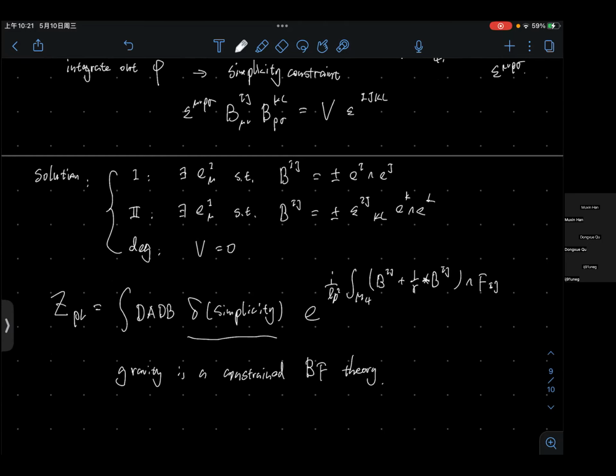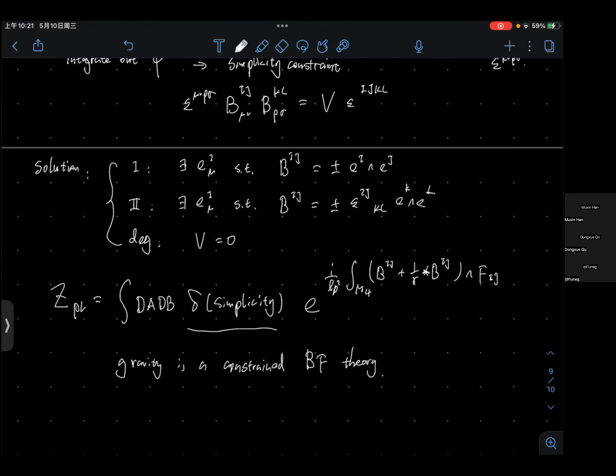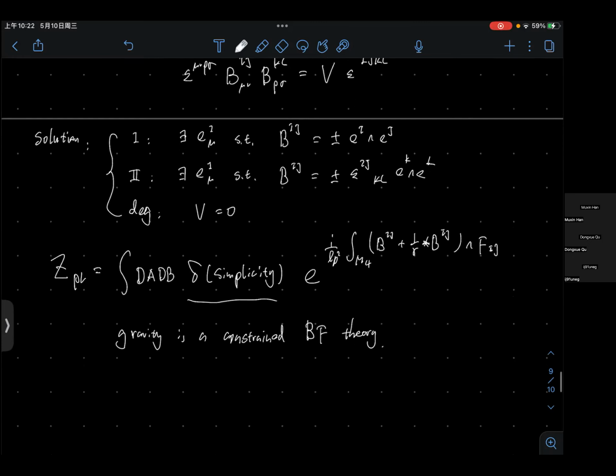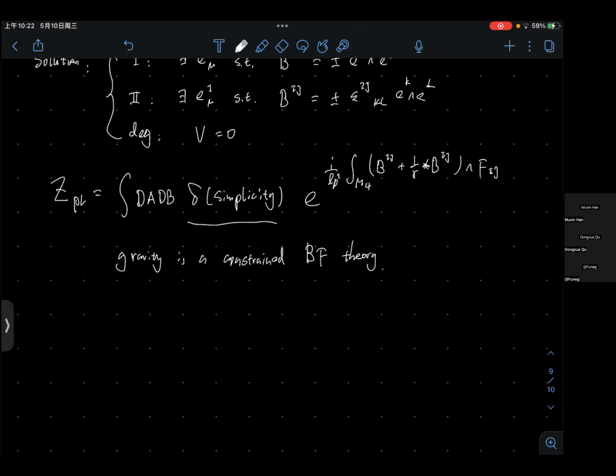Okay. Now this is more or less a classical theory and a little bit of a formal path integral quantization. What we're going to do now is a little bit different quantization. It's not the traditional path integral quantization of gravity. We are going to do something called spinfoam quantization. Let me introduce the scheme of spinfoam quantization of gravity.